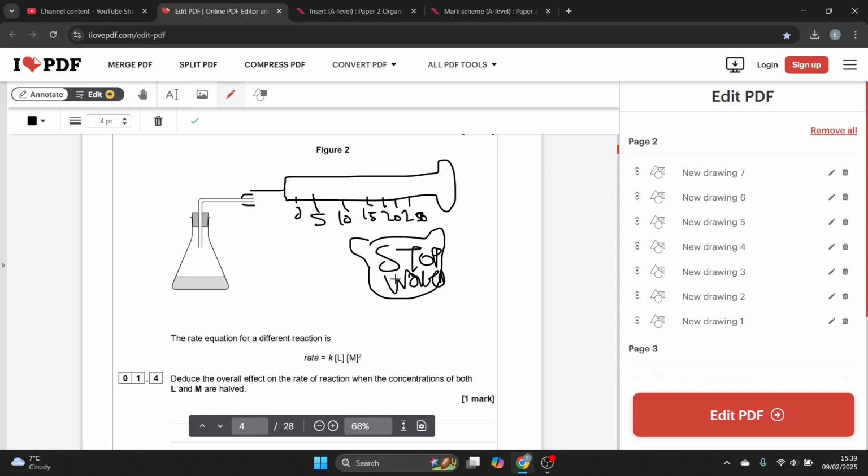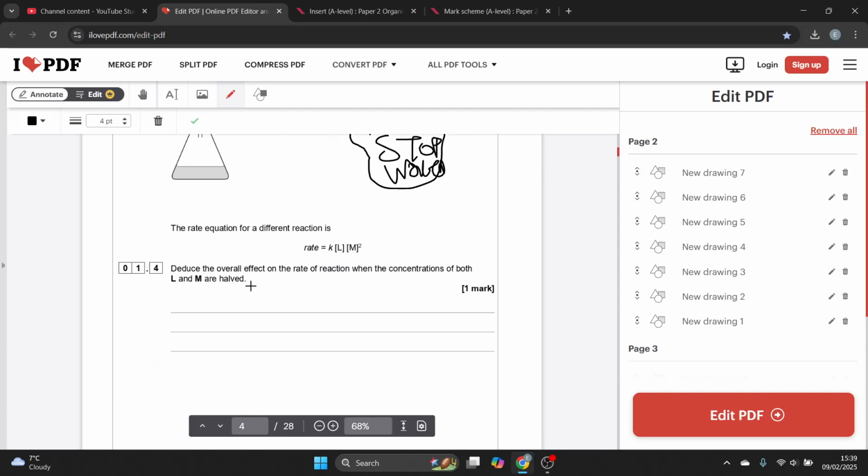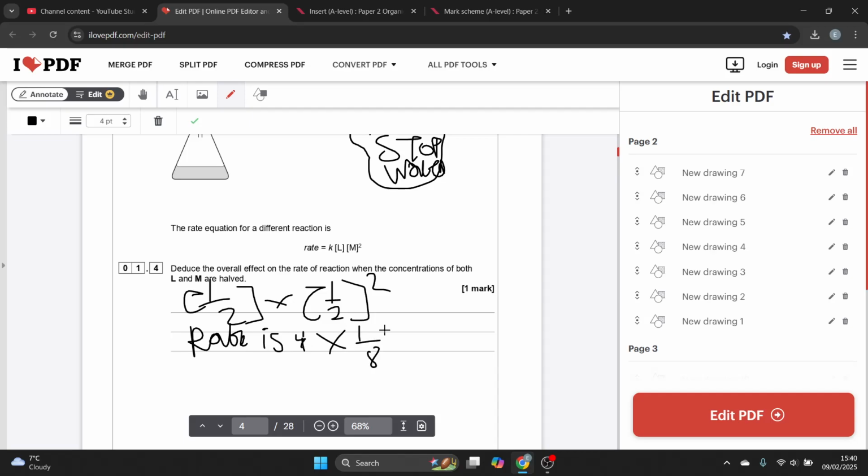Reduced overall effect on the rate equation when concentrations of both L and M are halved. Well, if L and M are halved, it's going to be a half times a half squared, which is a half times a quarter. So the rate is multiplied by 1/8 now.